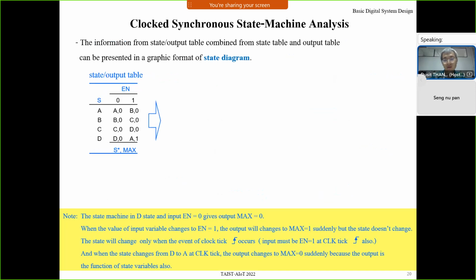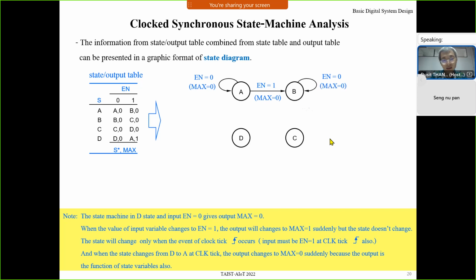Okay, now from the state output table, sometimes you may write a state diagram to make it easier to understand the movement, or the state change, something like this.